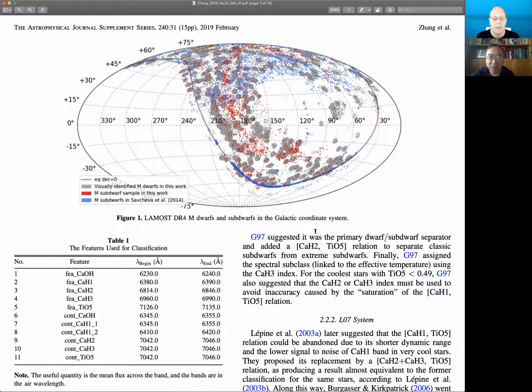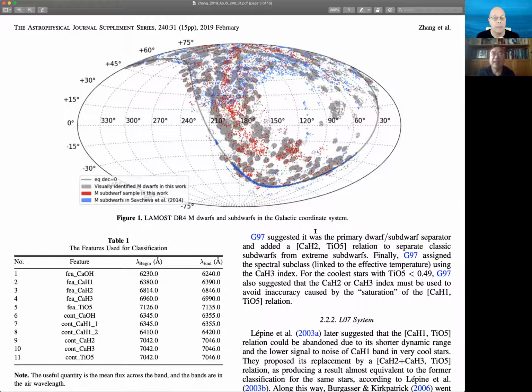You can see this line is the equator, and in the center of this plot is the anti-galactic center direction. So we got a lot of M-subdwarfs around these regions.